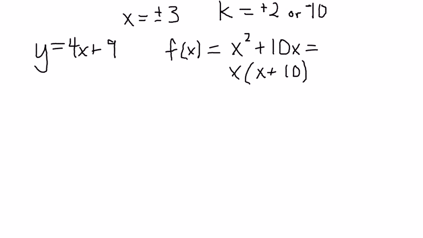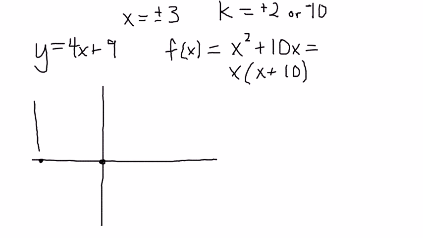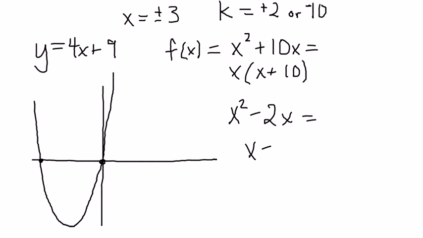So I'll do a really rough sketch. x and x plus 10 have x-intercepts at 0 and minus 10. So this function looks something like that. And then if I did x squared minus 2x, that's the same as (x minus 2) times x. That'll have x-intercepts at 0 and 2.